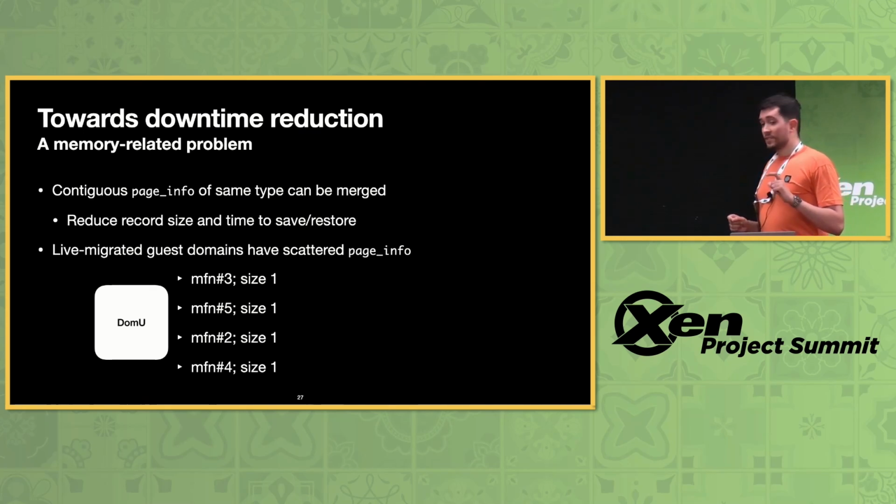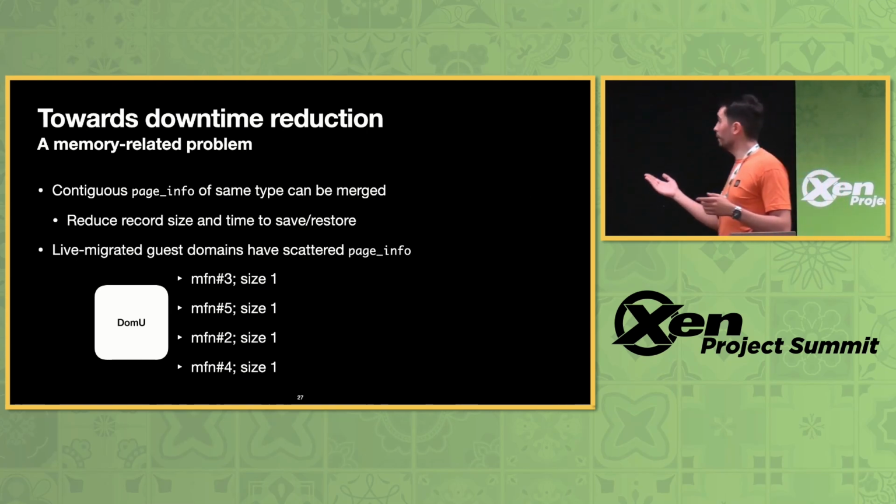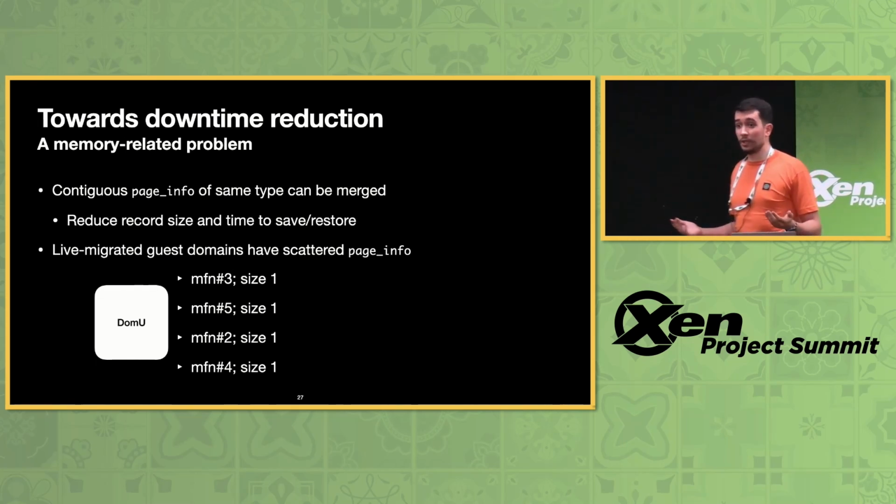So what I decided to do, I had a little POC for that, is to sort the page info, because even though we have something to merge contiguous entries, some entries could be also contiguous but not mergeable. So let's consider this example. All of the entries are contiguous in memory. We have a big chunk of memory that goes from MFN2 to MFN5, but unfortunately, because of our algorithm, we cannot merge them into just one entry.